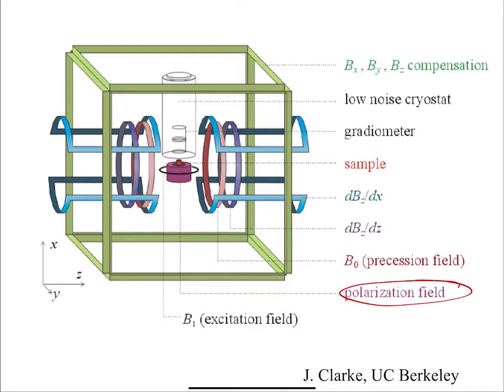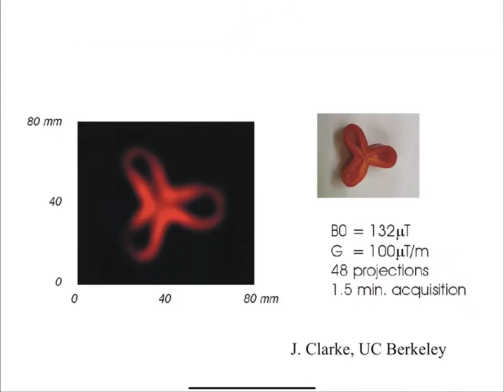And then these other coils here that you see are the gradient coils, typically. And then here's where the squid is, okay? And that's what's doing the measurement. And so amazingly, it's at 132 microtesla. So it's basically about 2 times the Earth's magnetic field. Okay, so not much stronger.